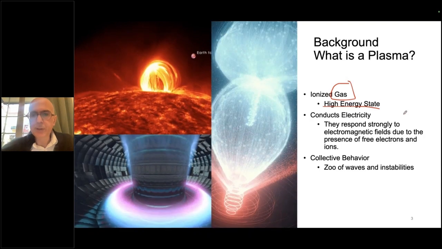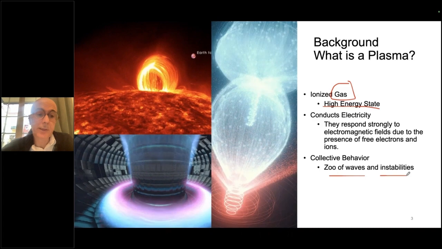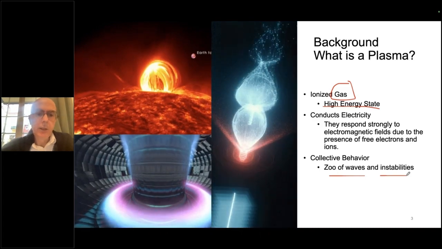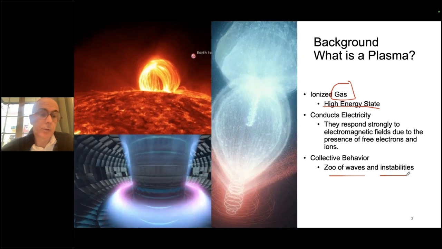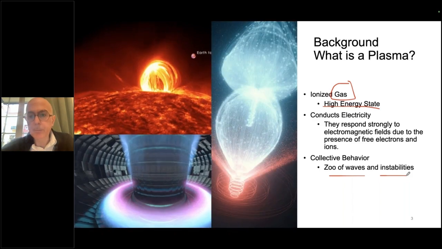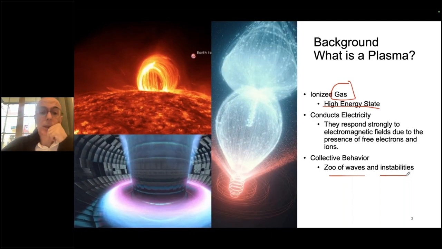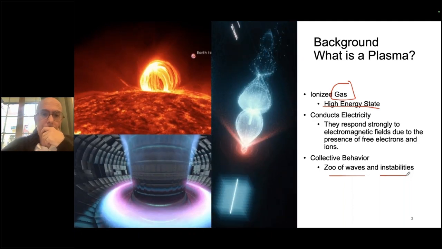Most of these waves and instabilities affect the dynamics, and particularly, for instance, in fusion systems where we have a plasma, instabilities obstruct the confinement of the plasma in a smaller space.